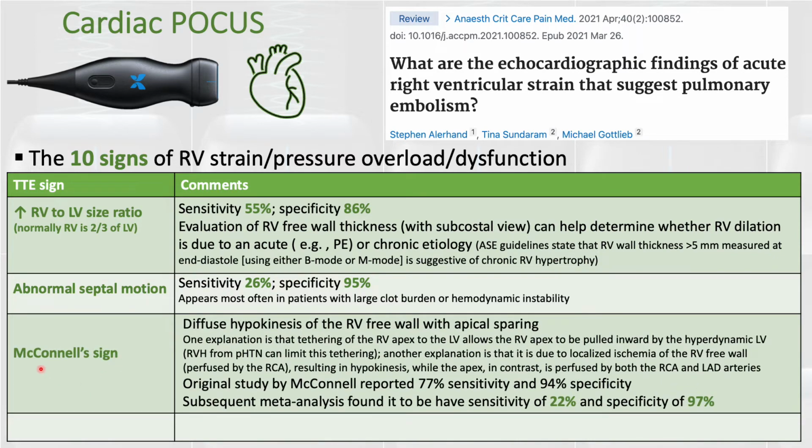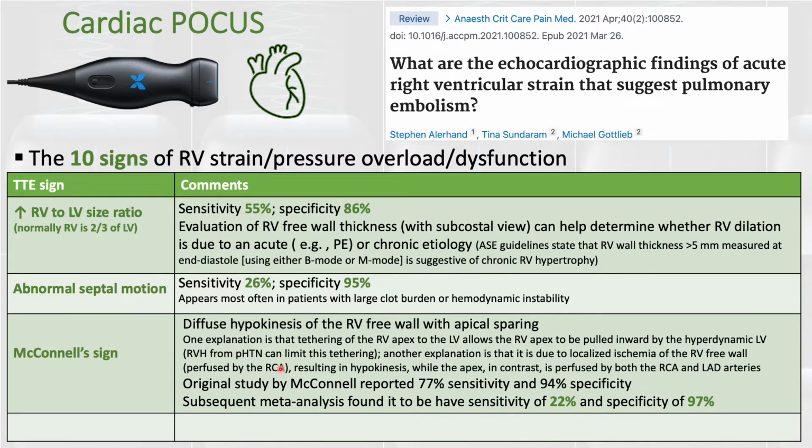And then the other sign is the McConnell sign. This is a really very useful sign. It probably has the highest specificity, close to 97% in some study, but you're not going to see it in all the PE patients. And basically, this is just diffuse hypokinesia of the right ventricular free wall compared to the apical area. So the apex is contracting, but the other right ventricular free wall is not. So this is called McConnell sign, and there are some different explanations.